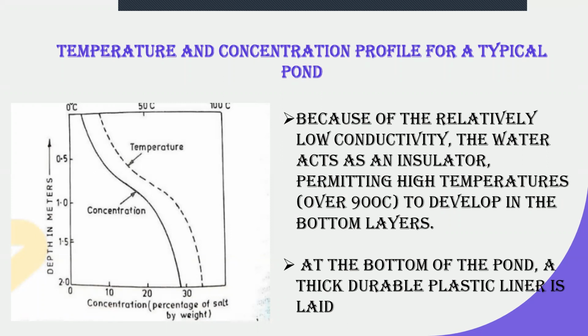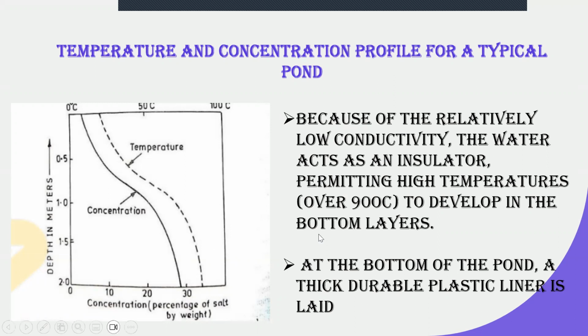If the thermal expansion in the lower layers becomes insufficient, there will be no stability, and there will be destabilization in the pond. Because of that, heat will be lost from the lower surface by conduction. Because of the relatively low conductivity, the water will act as an insulator and permit high temperature.